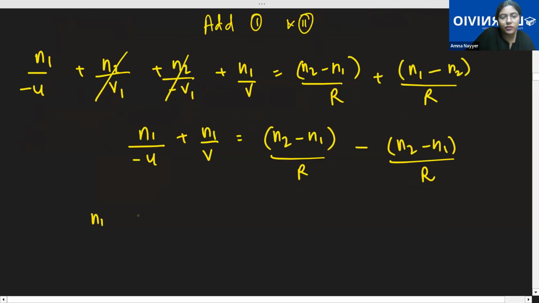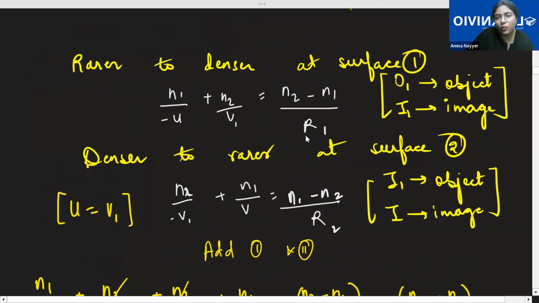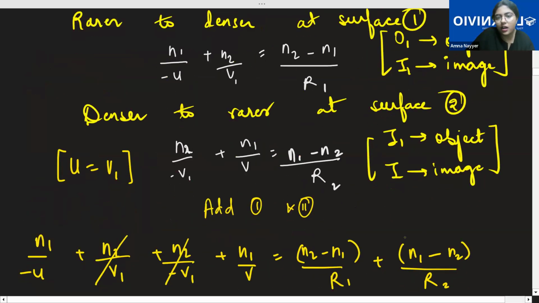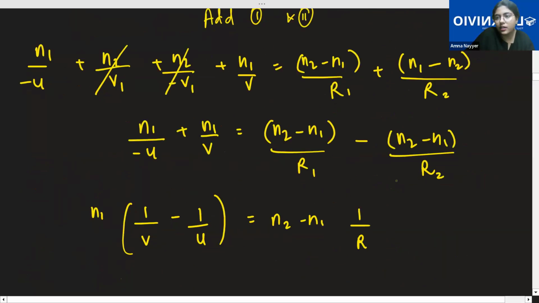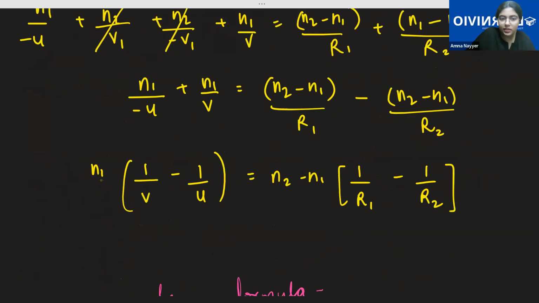Now see, if I take N1 common from here, I'll get 1 by V minus 1 by U. Correct? 1 by minus U is minus 1 by U plus 1 by V. So plus 1 by V minus 1 by U is equal to, take N2 minus N1 common, 1 by R. I didn't write R1, R2. So 1 by R1 minus 1 by R2. Now see, this whole term is actually from the lens formula.